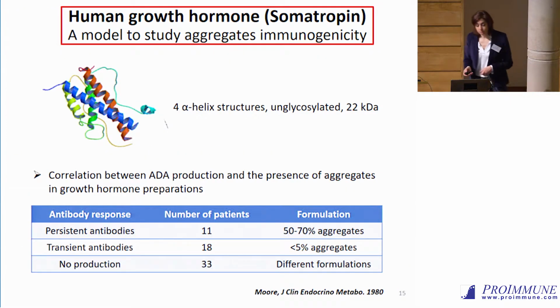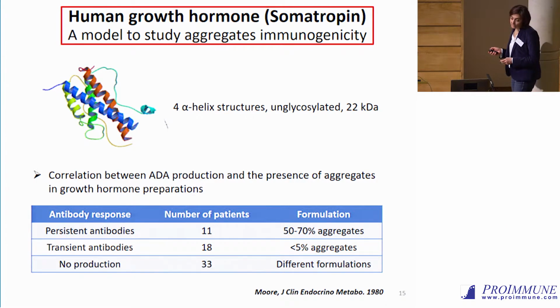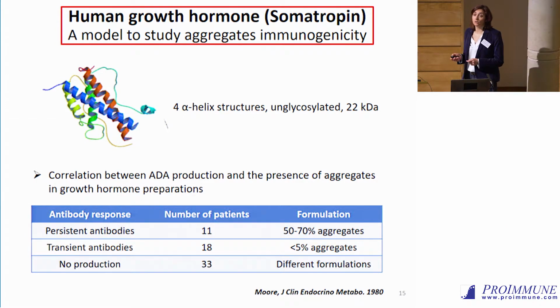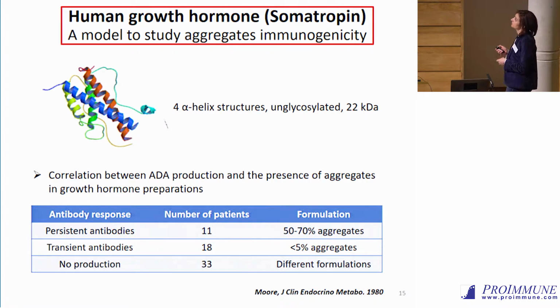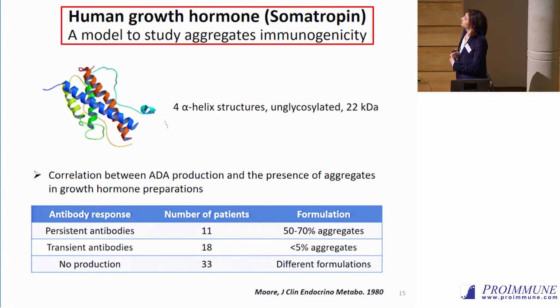So moving to the second part of my talk, I will present you here some results about a second model that is a human growth hormone. And why human growth hormone? Because it's a simple recombinant protein, unglycosylated and quite small, 22 kilodalton.